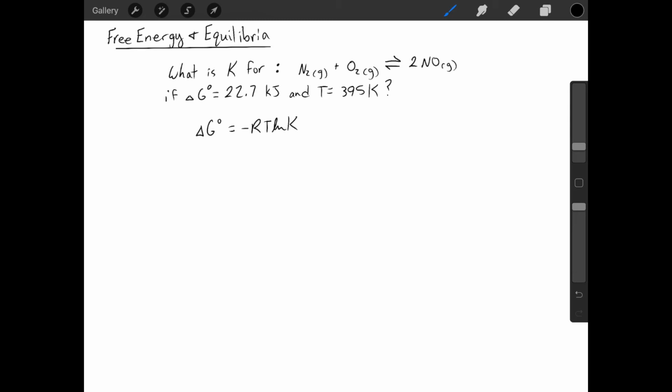Before we plug values in, we have to remember that our delta G naught was given in terms of kilojoules, and our R value is going to be given in terms of joules. So we'll have to do some unit conversions to make everything match.